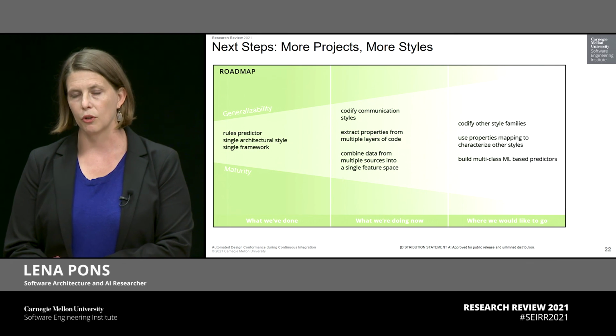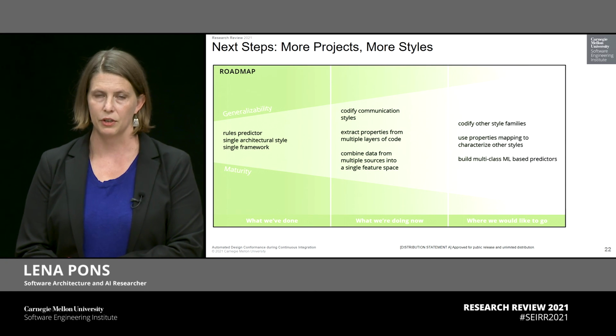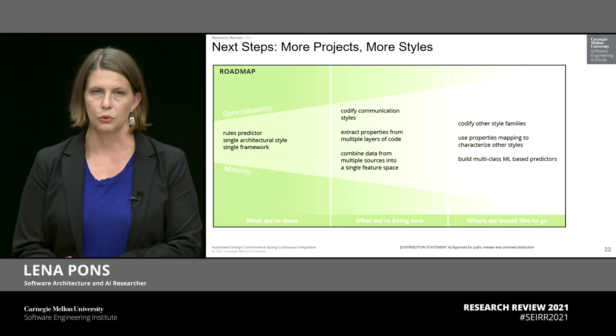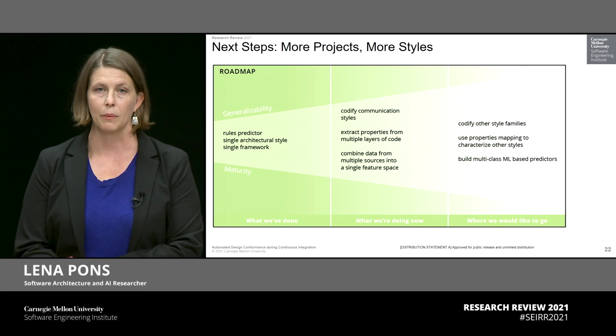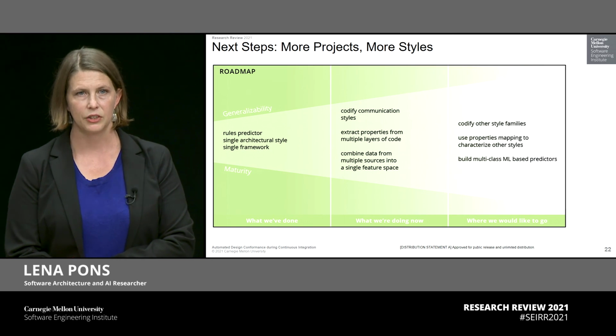As we move forward, we're looking for projects that have multiple types of communication realized in a single project to demonstrate that we can separately characterize multiple different styles from a single project and a single representation.